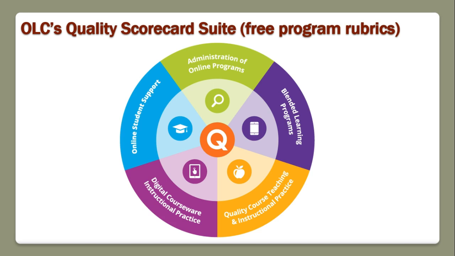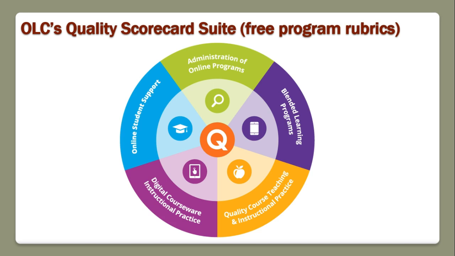Now, the Online Learning Consortium is kind of the place to go for online learning expertise and best practices. They have something called their Quality Scorecards Suite. Those are 4 free rubrics, or actually 5 rubrics.